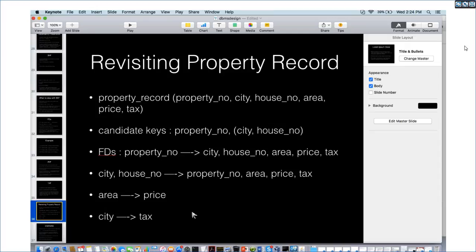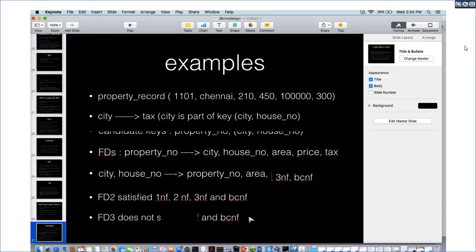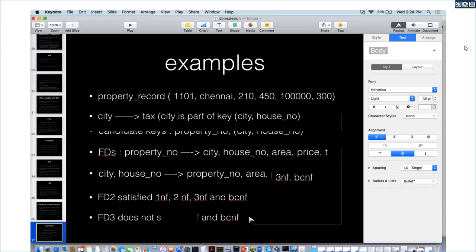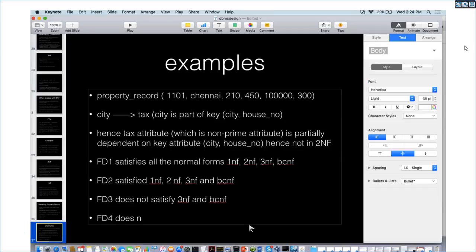This also doesn't satisfy BCNF, because city is not a super key. So FD4 does not satisfy the 2NF requirement, 3NF requirement, BCNF requirement.